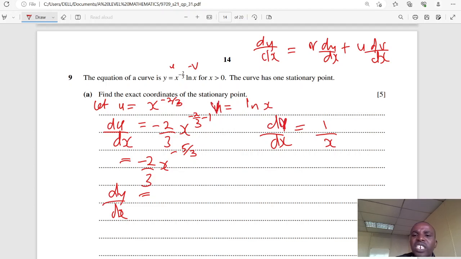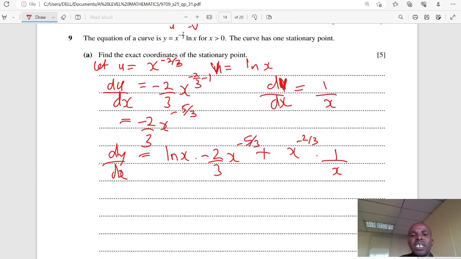So my v is ln x times du over dx, which is minus 2 over 3 x to the power minus 5 over 3, then plus u, which is x to the power minus 2 over 3, times dv over dx, which is 1 over x, like this.